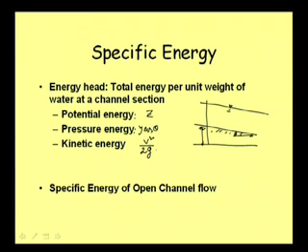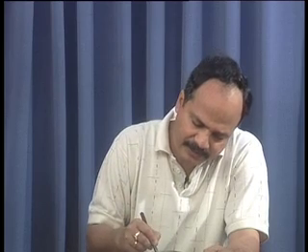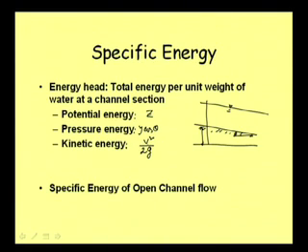Now, if we recall our earlier discussion regarding the energy coefficient alpha, we know that energy at a particular flow section will be different at different points, because the flow velocity in reality is not equal. So, a coefficient comes. The actual kinetic energy will be written as this kinetic head multiplied by alpha, the energy coefficient, or as we called it, the Coriolis coefficient.